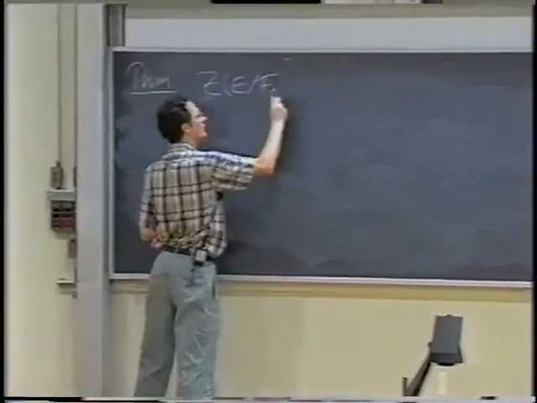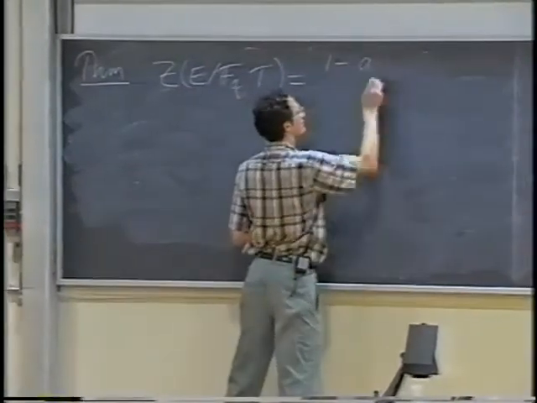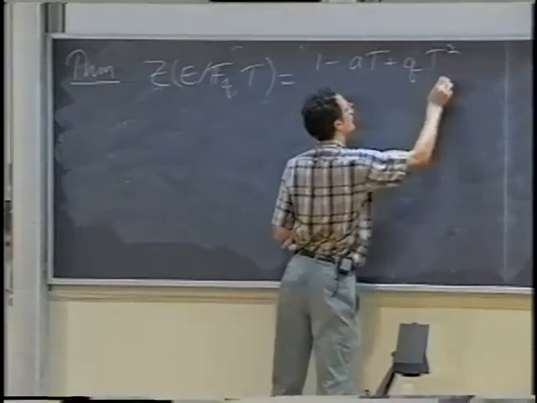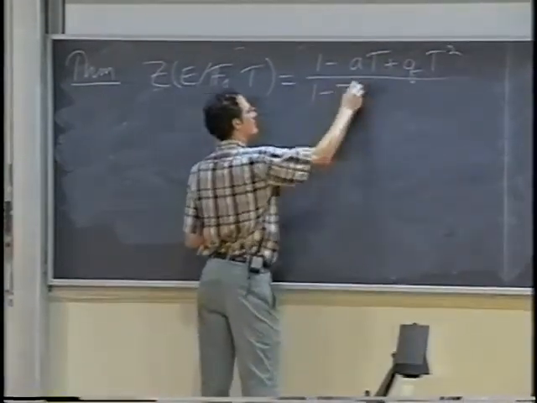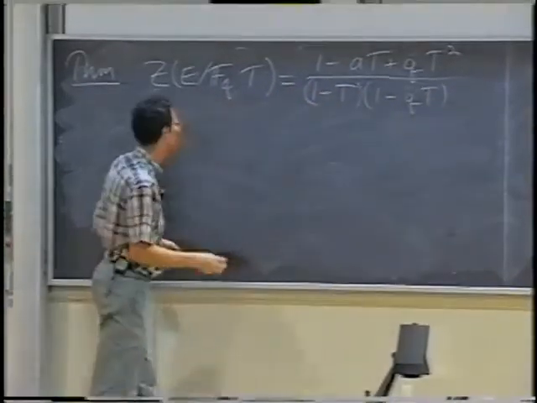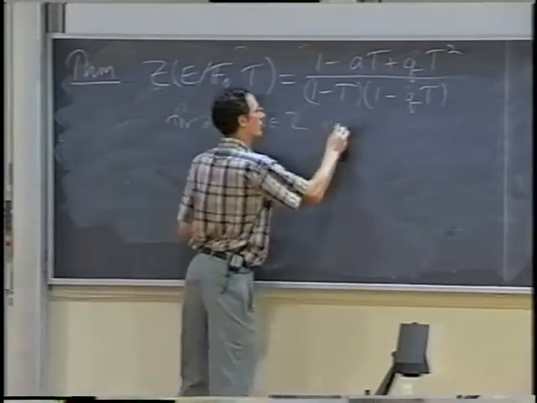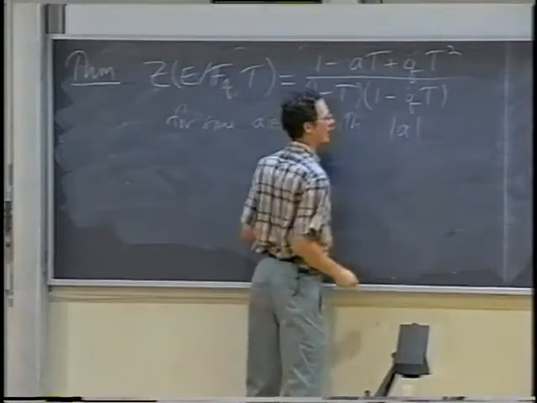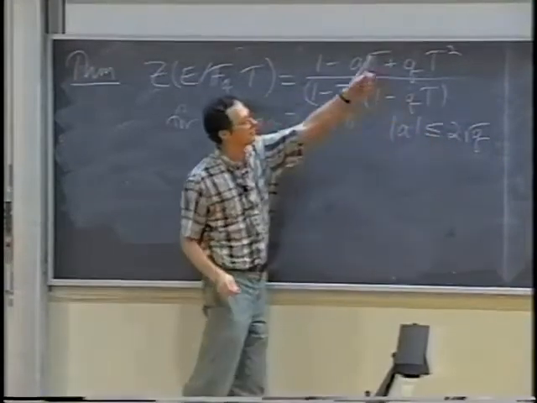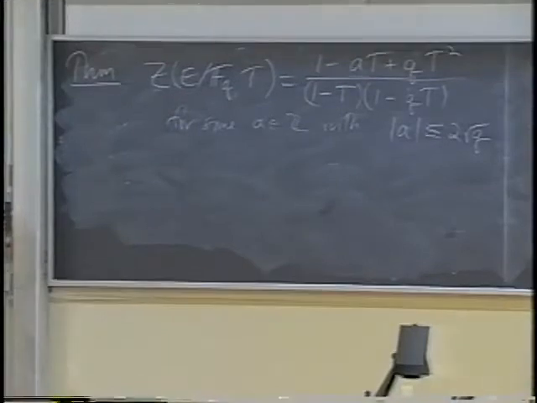The zeta function of an elliptic curve over a finite field is equal to 1 minus aT plus qT squared over (1 minus T)(1 minus qT), for some integer a with absolute value of a less than or equal to twice the square root of q. That's not a coincidence, of course. This number a is, in fact, exactly q plus 1 minus the number of points.